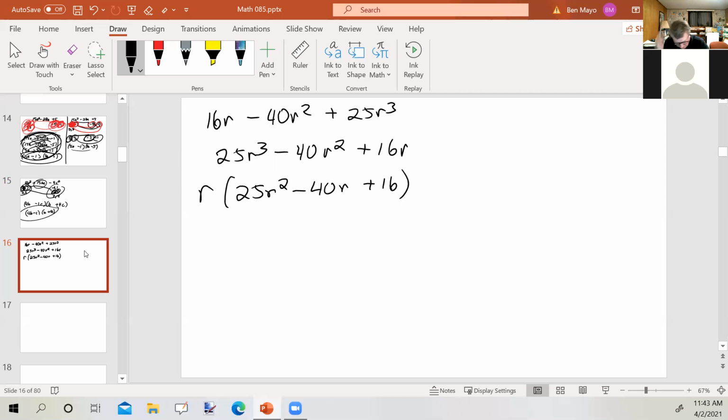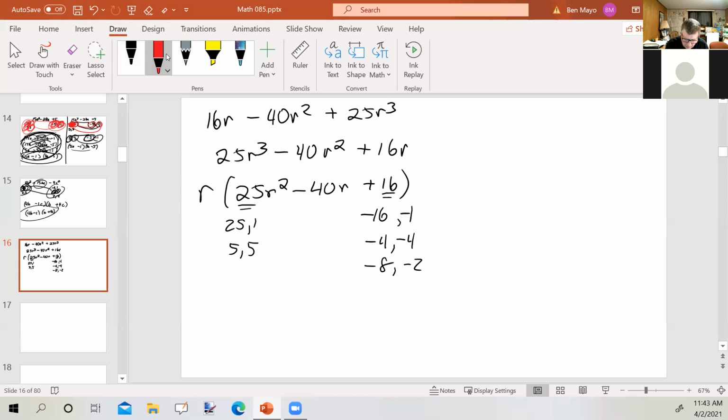But now, let's see. The 25 could be 25 times 1 and 5 times 5. The 16 could be 16 and 1, 4 and 4. Oh, but the middle term's negative, so these would have to both be negative. Oh, and I left one out, didn't I? Negative 8 and negative 2. Okay.